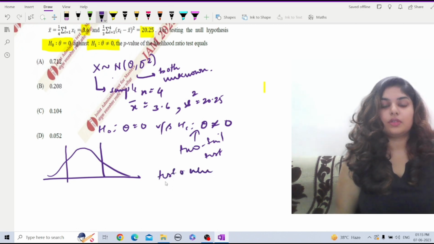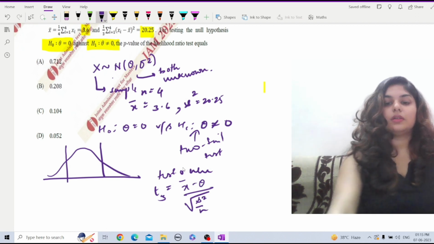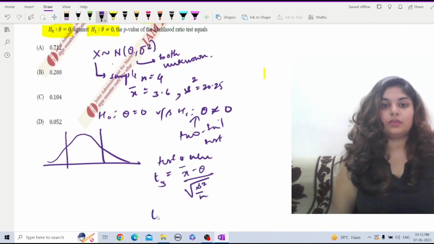The test value we can use here is t, right? Degree of freedom is n minus 1, since both of them are unknown. So that is x bar minus theta according to the null hypothesis, divided by root over s square by n. Now here t is equal to 3.6 minus 0 by root over 20.25 by 4.